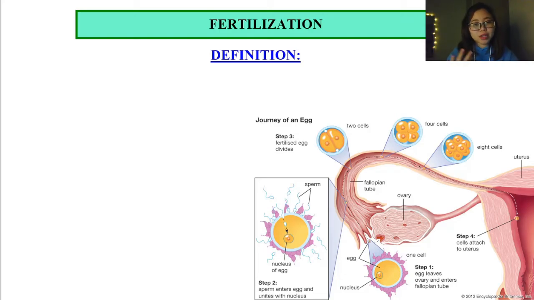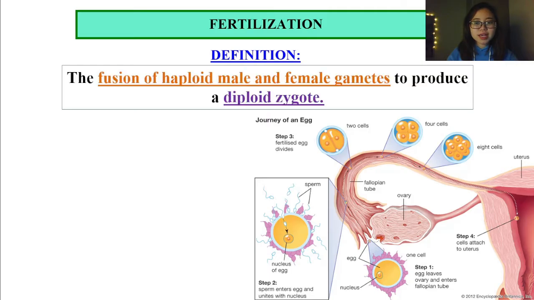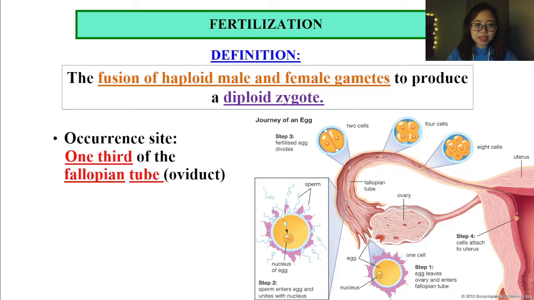Fertilization, or in Malay, pensenyawaan, can be defined as such. It is the fusion of haploid male and female gametes to produce a diploid zygote. So, in other words, usually we can think of it as the fusion of the nucleus of the sperm and the ovum.